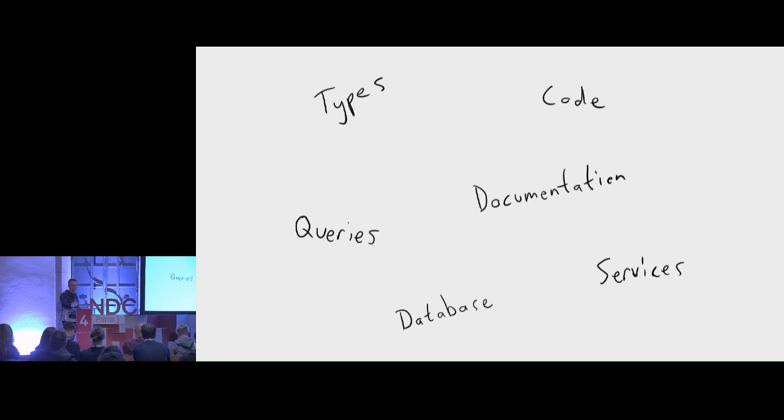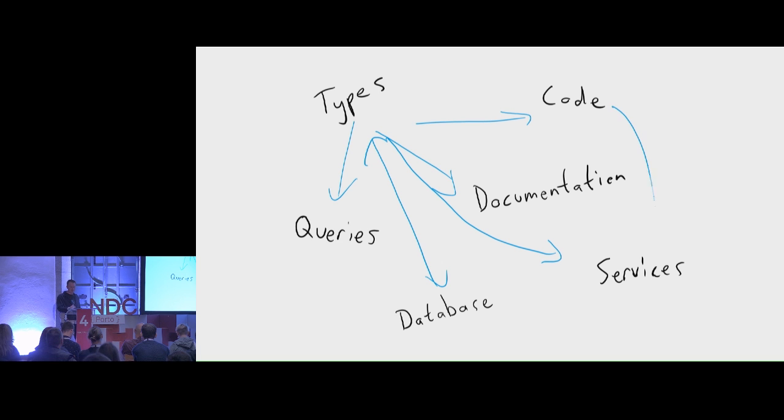So when you have types, you can generate code with them. You can generate your documentation. Your queries are based off types. You can go even so far as to generate types to our databases or vice versa. Your services can introspect your types and utilize them. You can generate code for your services.